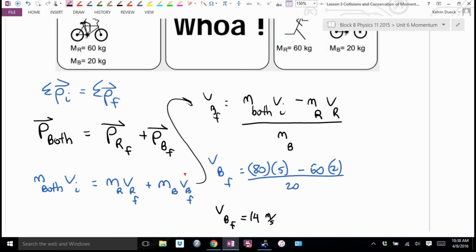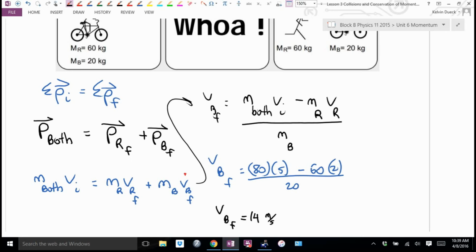Could you ever get the bike to go negative? You could go backwards? The bike could go backwards. How? From this situation. It would be painful. Instead of jumping off backwards, you jump off forwards.